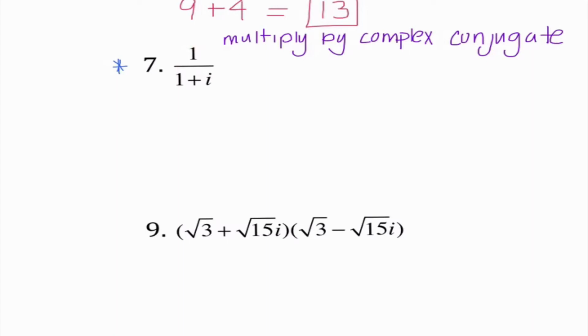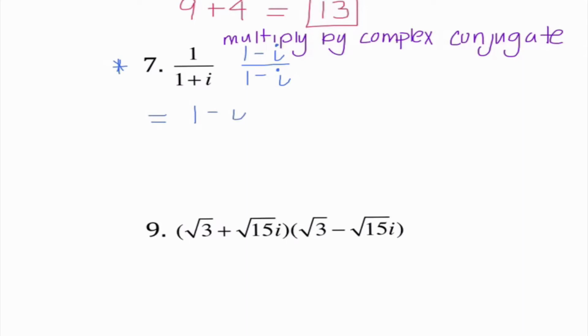So I need to multiply the numerator and the denominator by the same thing. In our complex conjugate we're going to have 1 and i, because those are these two terms, and I need to change the sign in between, so I'm going to put minus. So I'm multiplying the numerator and the denominator by 1 minus i.